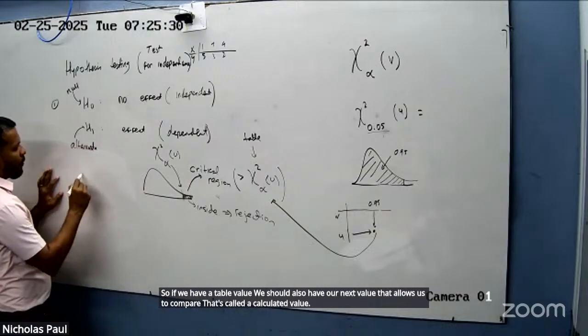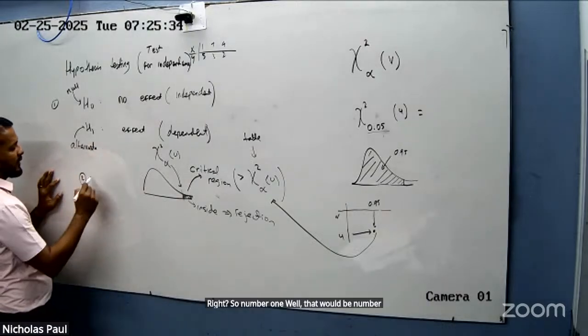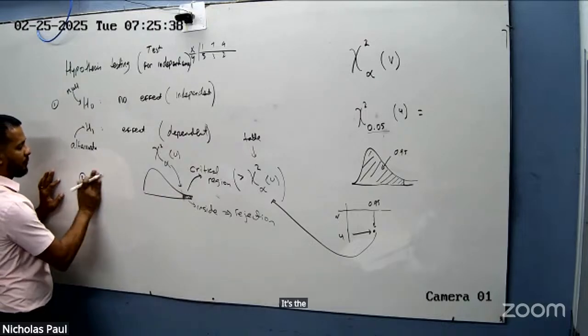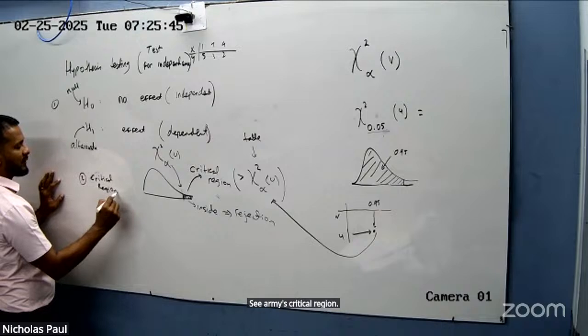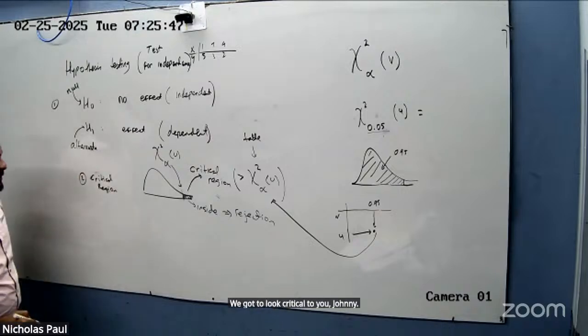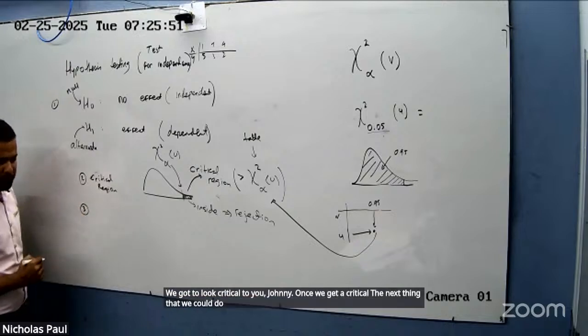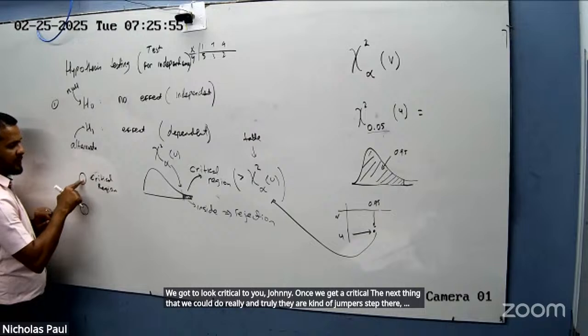So number 1, well, that will be number 2. After we start to work this out, we get the critical region. CR means critical region. We get our critical region. Once we get the critical region, the next thing that we could do, really and truly, I kind of jumped a step there, is get this V after.